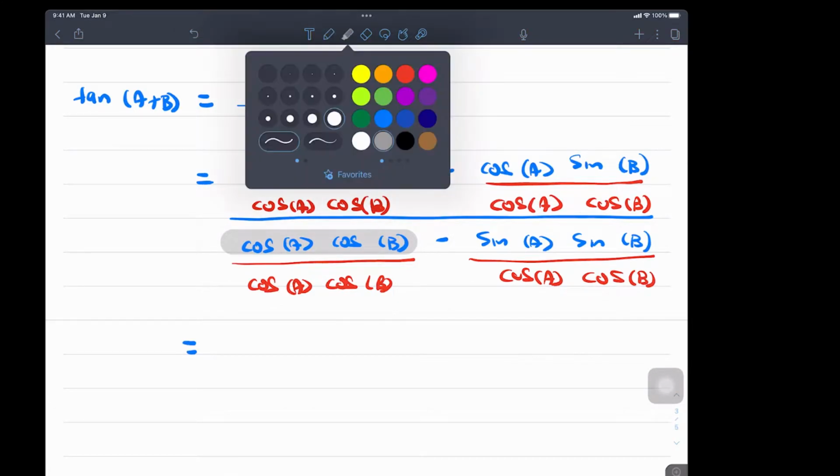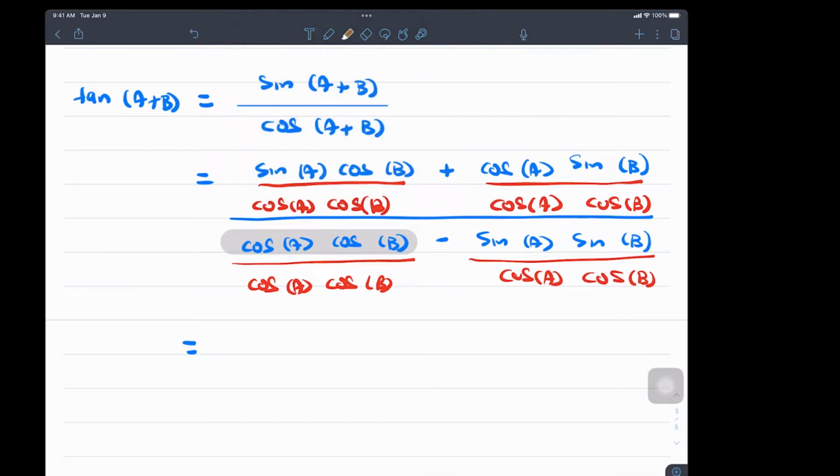Now you might say, I think I recognize sine A over cosine A. This portion here cancels. I think I recognize sine B over cosine B. This portion cancels. This cancels completely. And you may recognize these two as well.